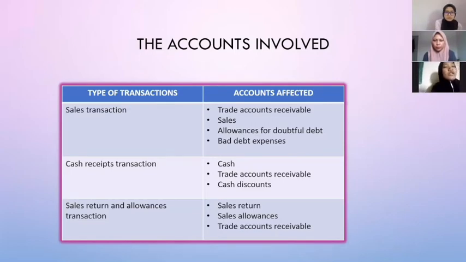There are various types of accounts affected by three types of transactions typically involved in the revenue process. Firstly, sales transactions. The accounts affected are accounts receivable, sales, allowance for doubtful debt, and bad debt expenses.